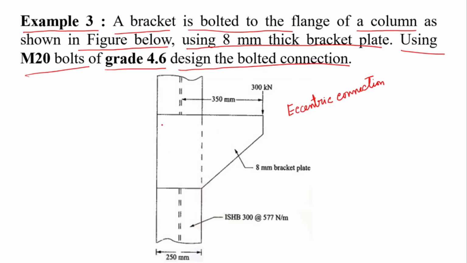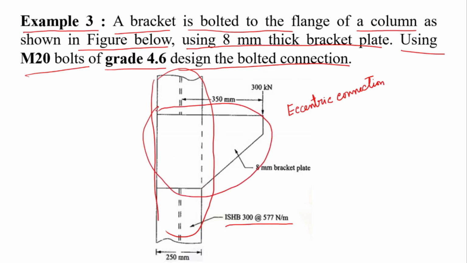See, here this is the column, and the section is ISHB 300 at the rate of 577 Newton per meter, and this is one bracket. These two members are to be connected with each other by bolted connections. So we have to place the bolts in this way to connect these two sections.